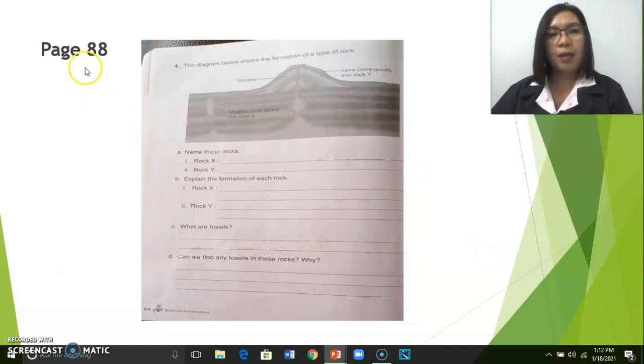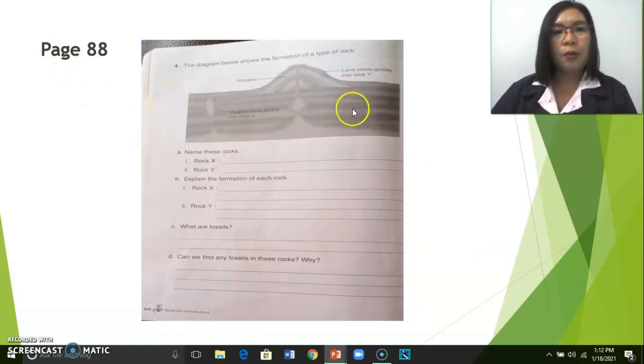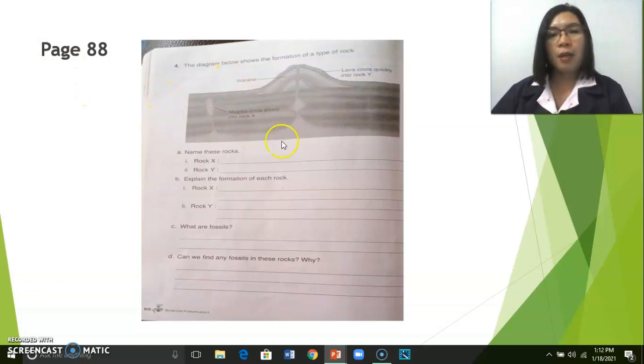Then we have page 88. Question number 4, name these rocks. This is rock X. What is this one? Then rock Y. What is rock Y? Then explain the formation of each rock. What is in rock X?